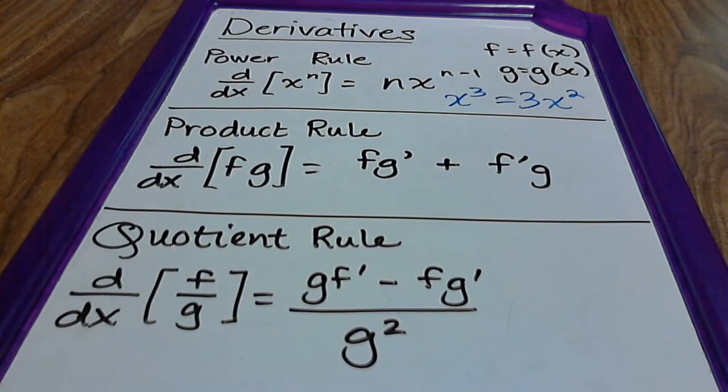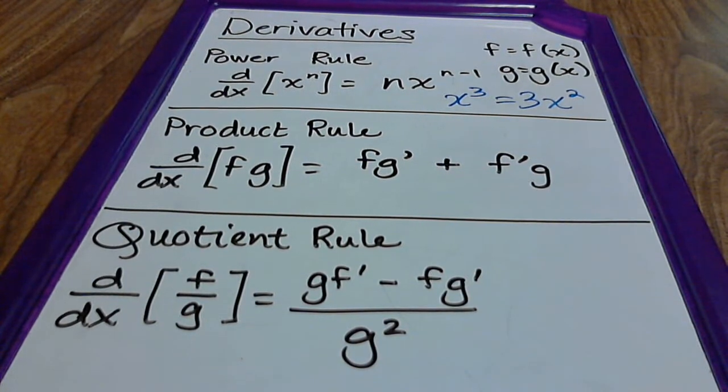Second big rule we use a lot is the product rule, and that says if you have two functions, f and g, multiplied together, it's the derivative of one function times the other function, so like f times g prime plus f prime times g.